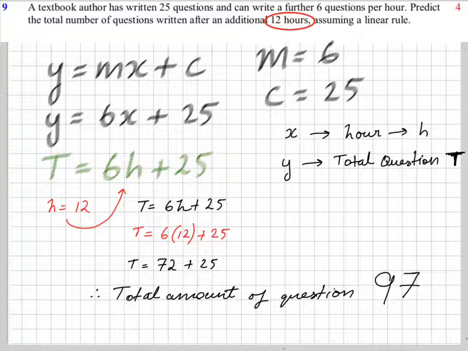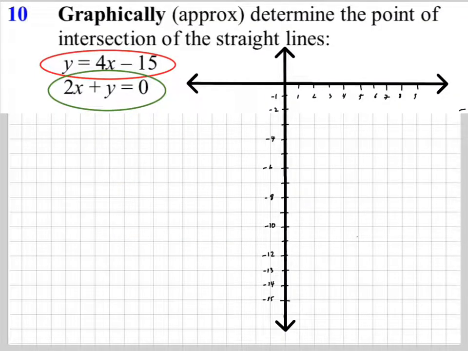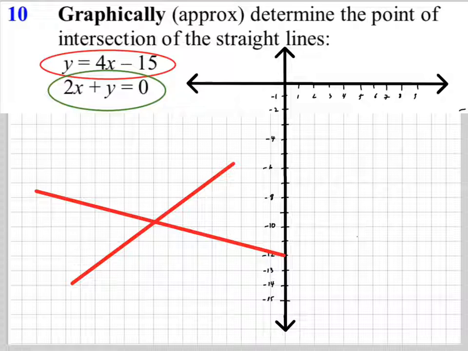Okay, I'm just going to rub this out and move on to the next question. I think we've got enough time to do one more question, and we're going to have to make a part 3 on this one. So, graphically, approximately determine the point of intersection of the straight lines. If we've got this equation and then there's another equation, we want to know the point of intersection.